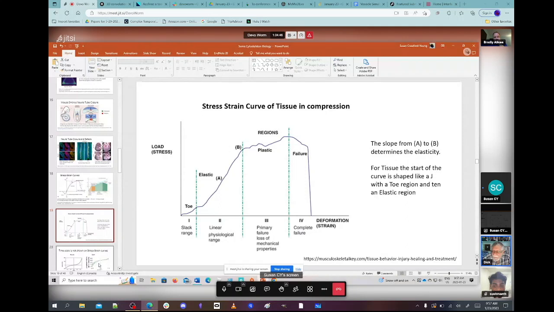And then there's this. It depends on the tissue how long you can apply force to it and how much force you can apply to it. So the time is important in here, and the amount of force you can apply to it is important.